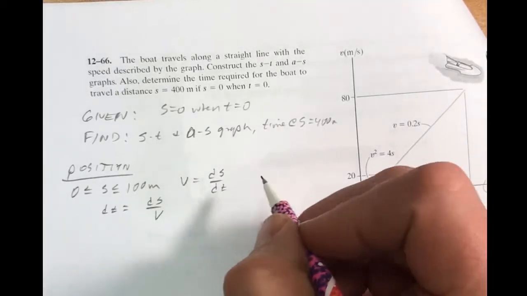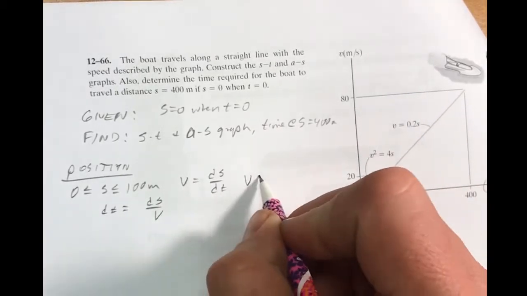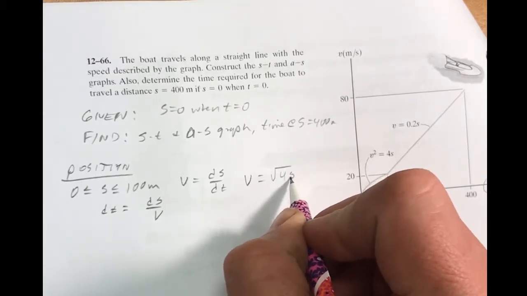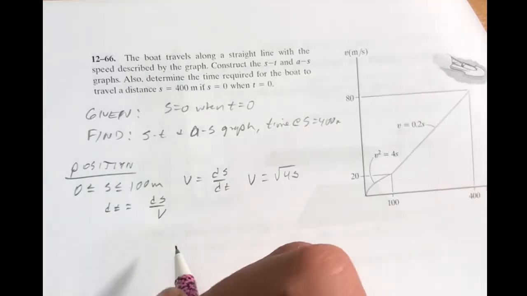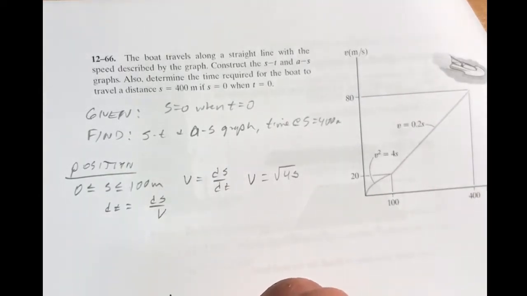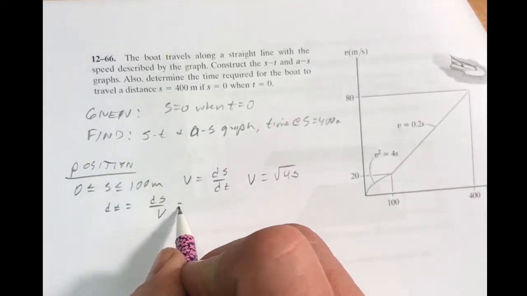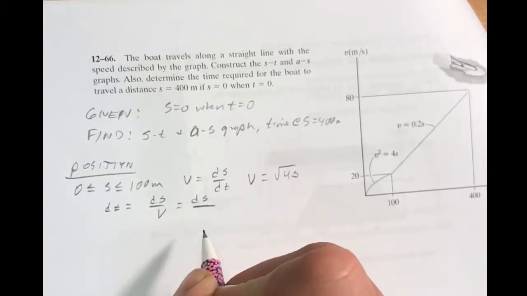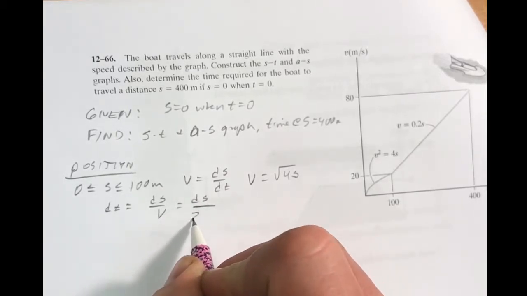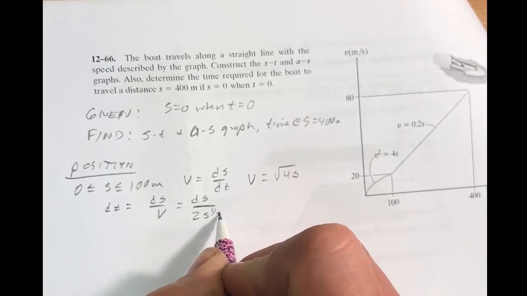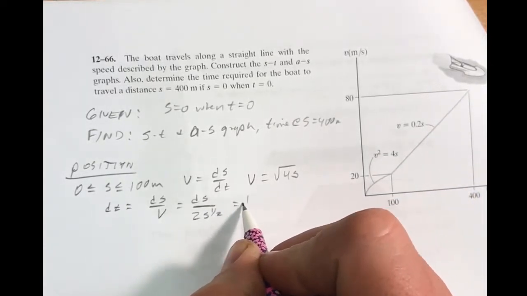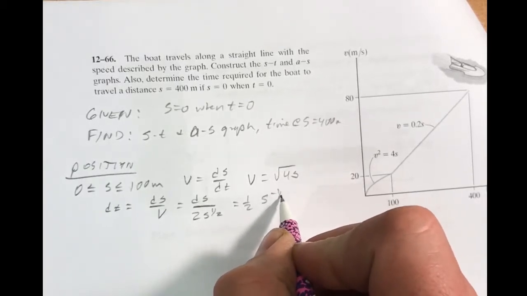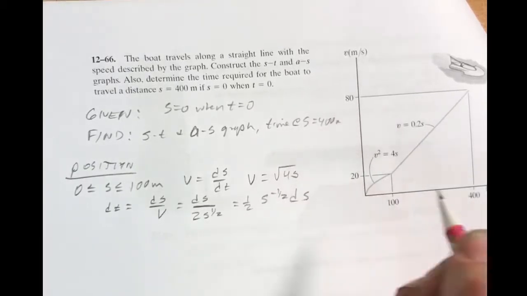We have this function: velocity equals square root of 4s. So we plug that in here, and the square root of 4 is 2, so we can make this 2s to the 1/2, which gives dt equals 1/2 s to the negative 1/2 ds.